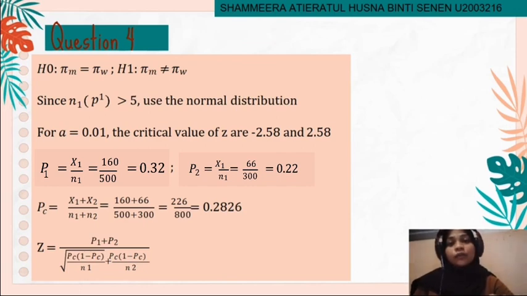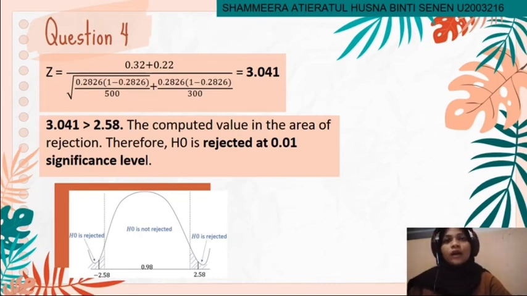We substitute all the values given by the question into that formula, which is 160 plus 66 divided by 500 plus 300, and we get 0.2826. After we calculate all the values, we combine them and put them into the Z formula. After we substitute all the numbers in the Z formula, we get 3.041.